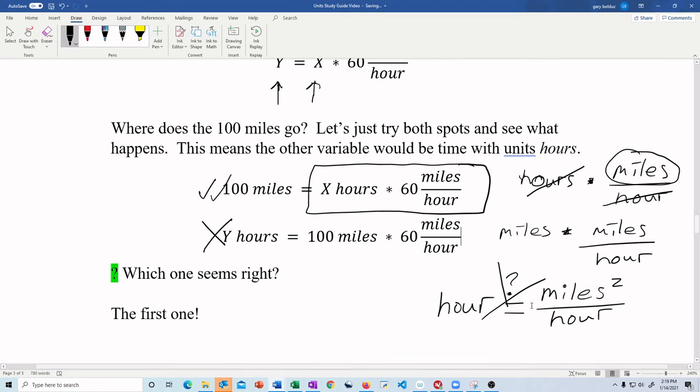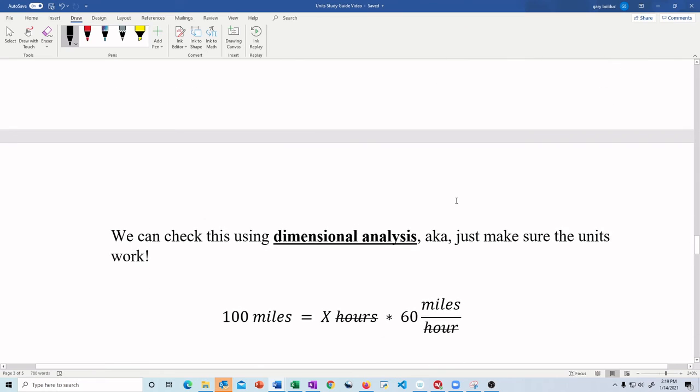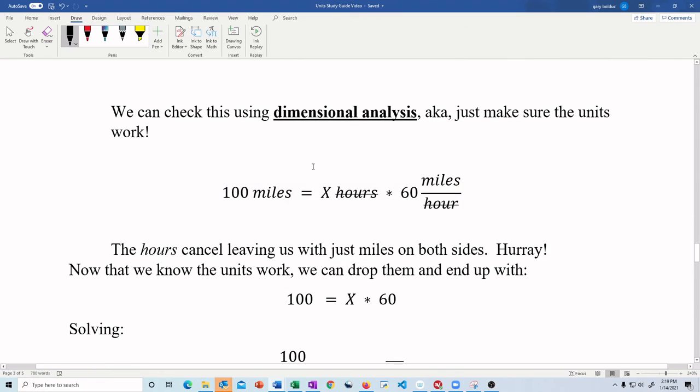And so, just using units, we know that if I've given you 100 miles we've traveled, and I know I'm going 60 miles an hour, this is the equation I need to use. And so just go use it. 100 miles equals X hours times 60 miles per hour, because the units cancel.